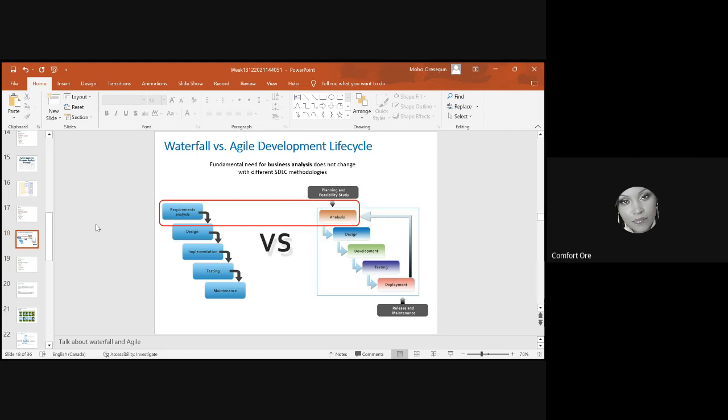So we begin to gather all of the requirements. So we're asking the questions, we're documenting requirements, we're talking to stakeholders and stuff. And then once that's done, what we'll do afterwards is that we'll start to design the solution. From designing the solution, we implement the solution.